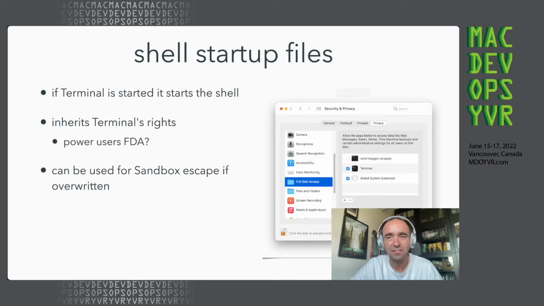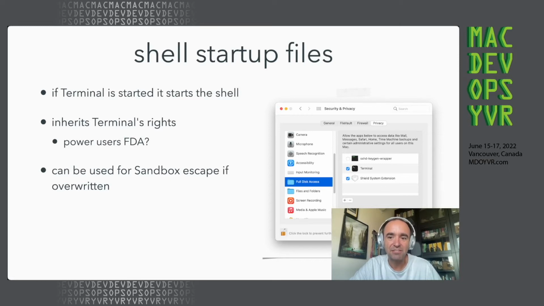What's interesting about the shell environment is that it's typically executed when we launch Terminal, or if we SSH into macOS, but probably Terminal is more common. In that case, the shell environment will inherit Terminal's privacy rights.